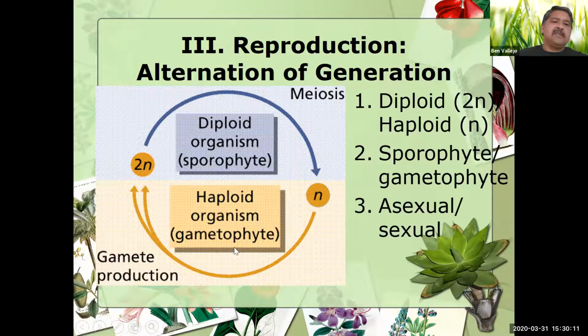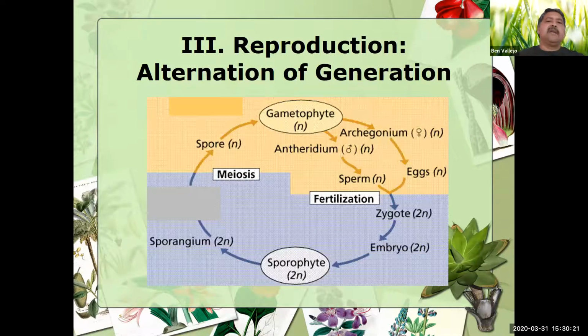And then we also see sexual versus asexual, and so we have the alternation of generation in 3 different ways. Here's a more detailed diagram, and so you can see the sporophyte and the gametophyte.